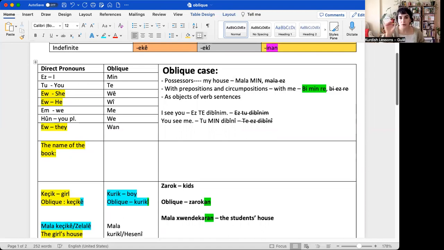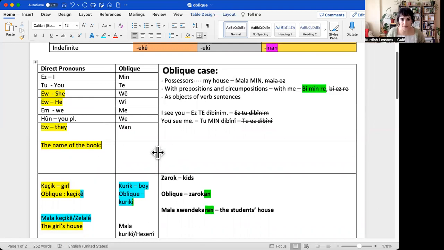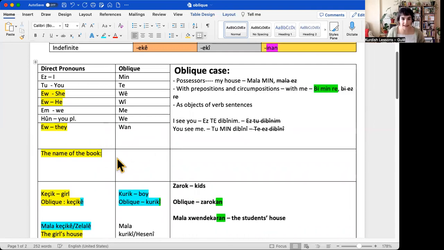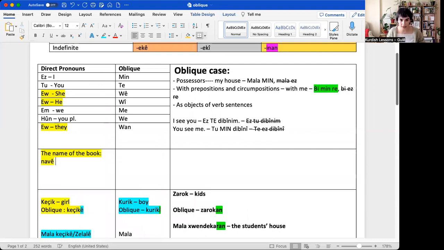So book should be in oblique form. It means we will say nave pertûkê, because pertûk is a feminine noun, and you always say nave pertûkê. Nave pertûkê gulokê. Nave pertûkê Harry Potter. Nave pertûkê tuî. You are okay.